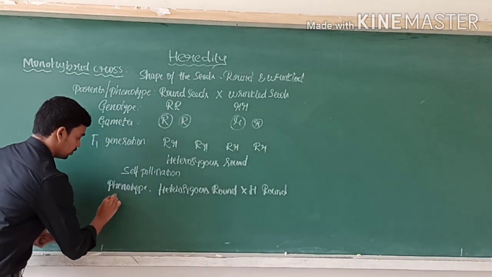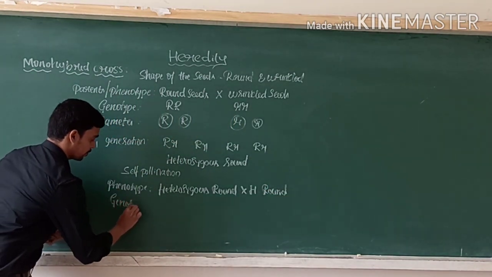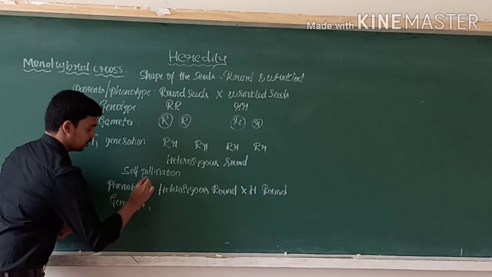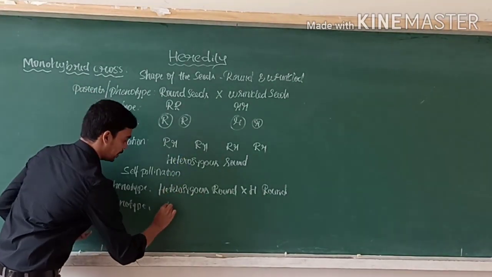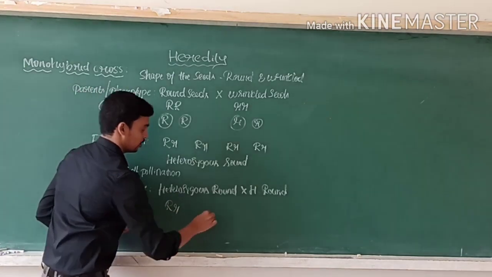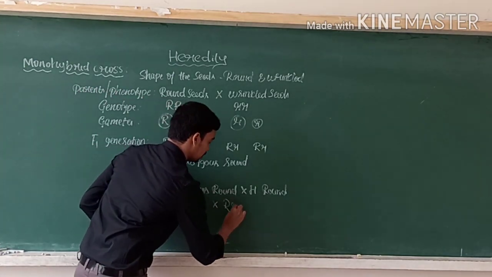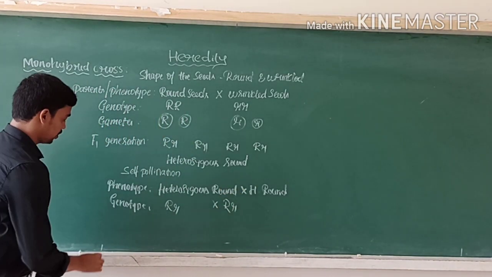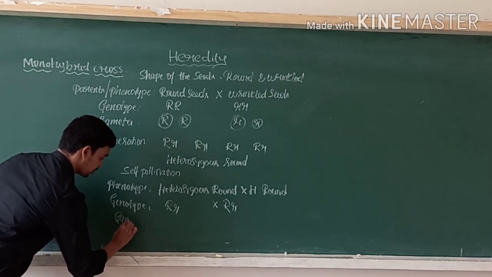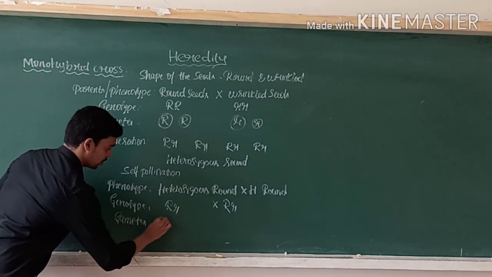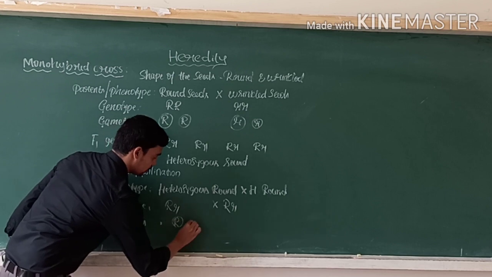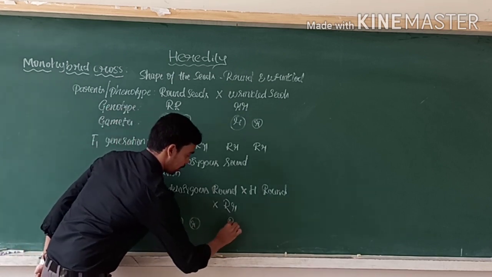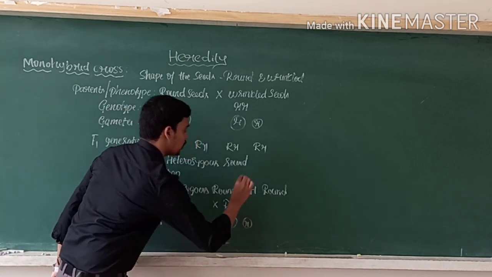And next, genotype. Heterozygous round is capital R and small r, capital R and small r. Gametes are capital R, small r, capital R and small r.